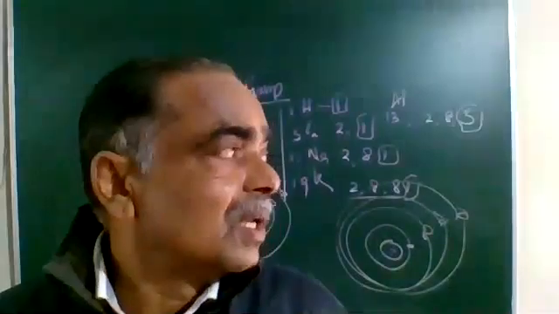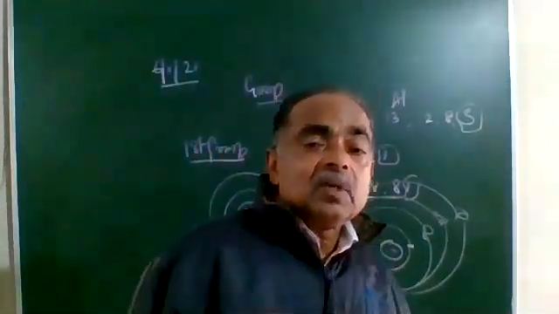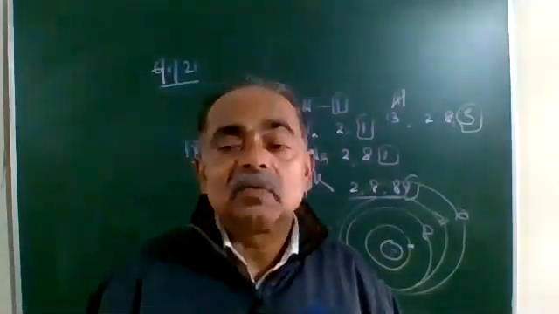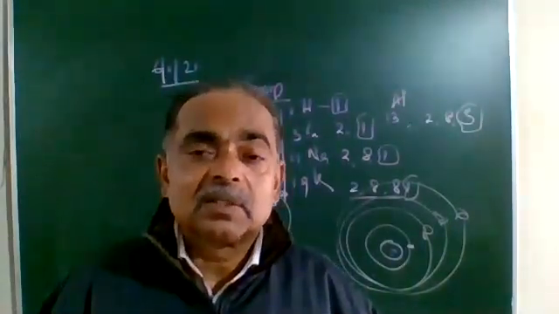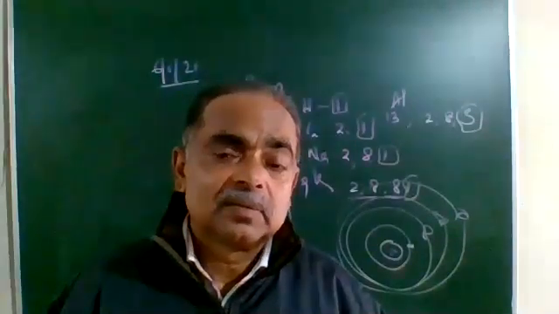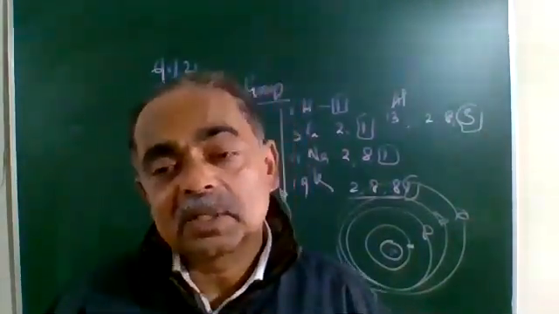The next question is: how does the nature of oxide vary in a group? We have studied that there are three types of oxides. Acidic oxides are non-metallic oxides.